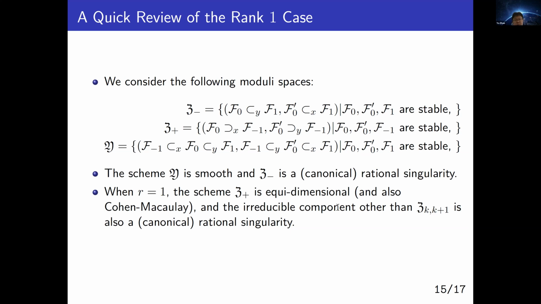Z minus one considers a sheaf F0 that is contained in a sheaf F1, and the same for F0 prime. And Z plus one would contain F0 and F0 prime, which both contain one more sheaf F minus one.